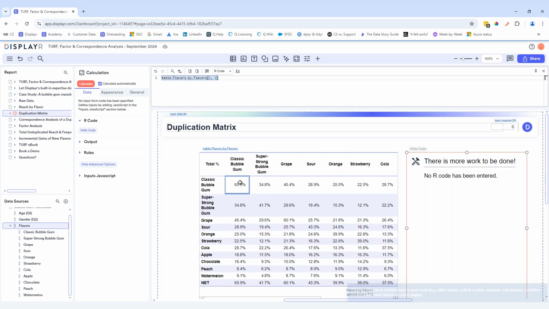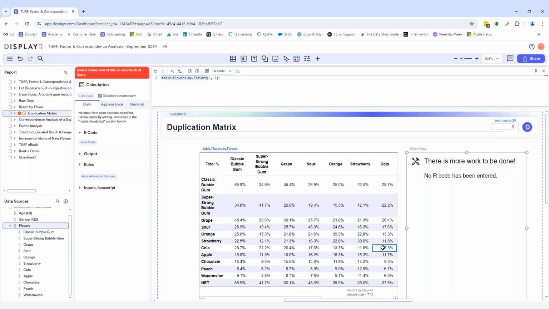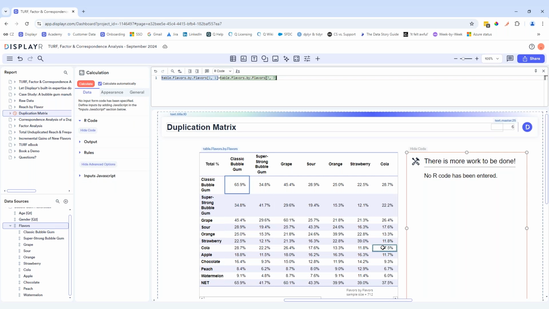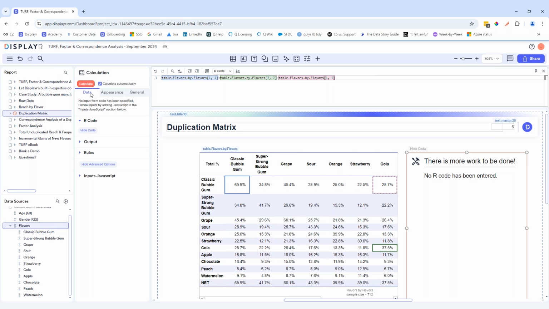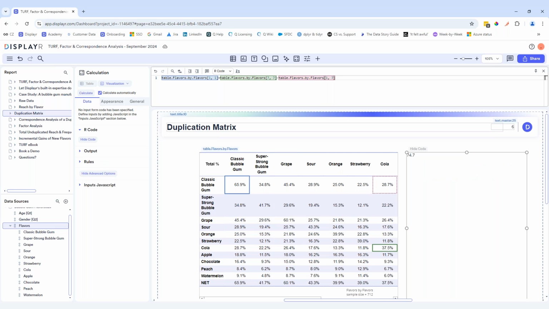And then we just add to that the reach of cola by itself, which is 38%. And then we subtract the duplication, which is the 29% that like both classic bubblegum and cola. And after we do that simple calculation, you can see that the total unduplicated reach is 75%.